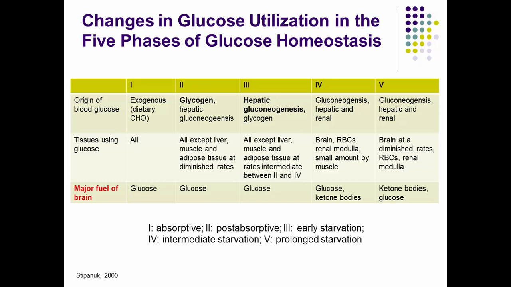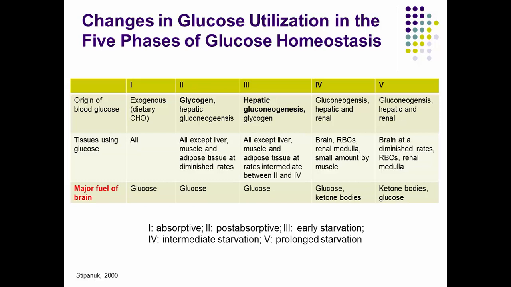The purpose of this, we know, is to spare glucose for the important tissues, the brain and red blood cells. And in phase 3, gluconeogenesis becomes more important than glycogen in terms of glucose, right?